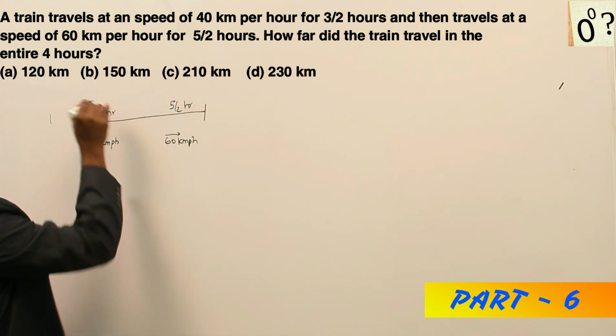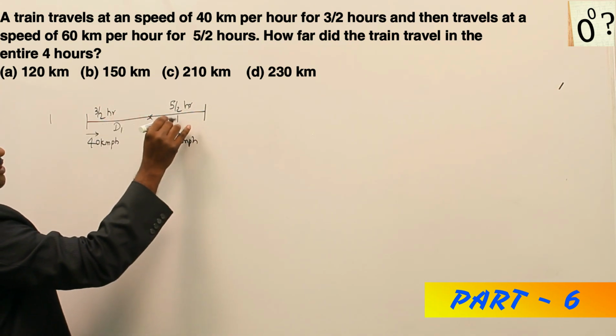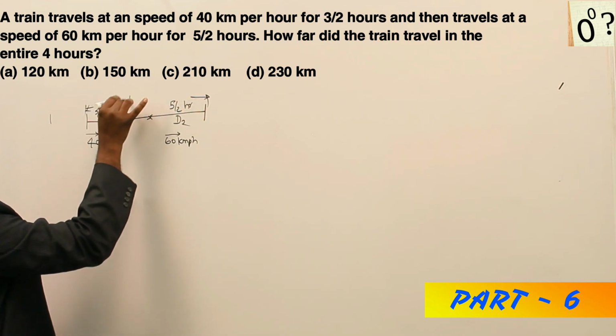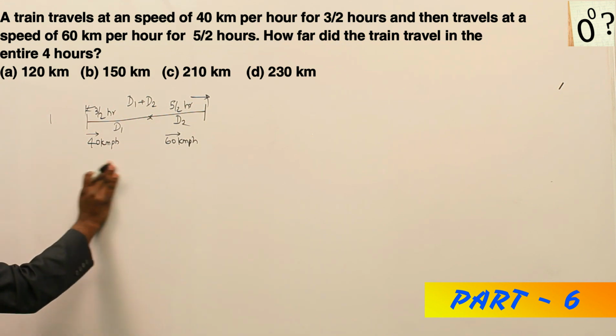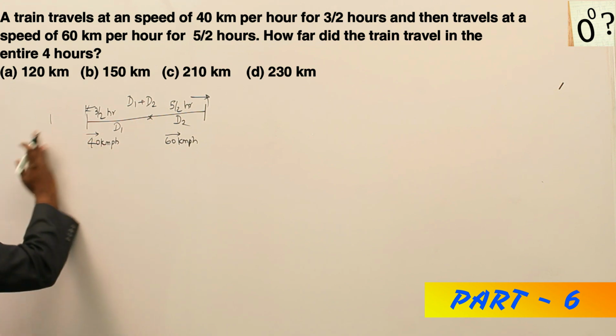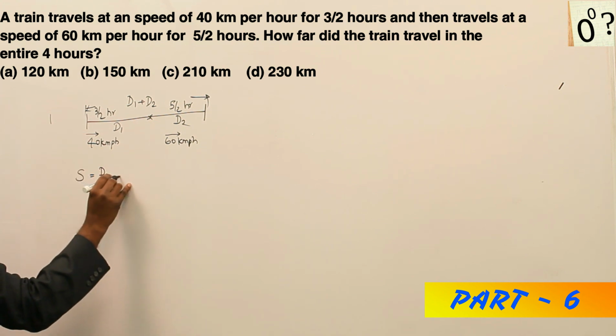So what is the distance? Here this is D1, this is D2. So the whole total distance becomes D1 plus D2. Okay. So to find D1, we know the speed formula: speed equals distance divided by time.